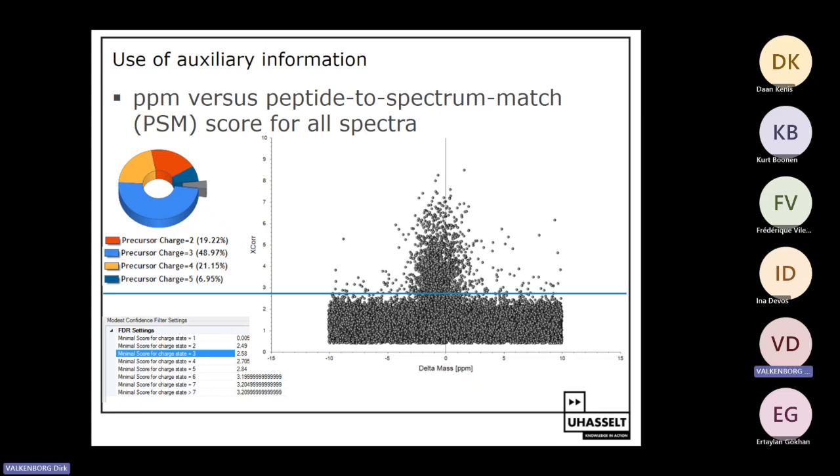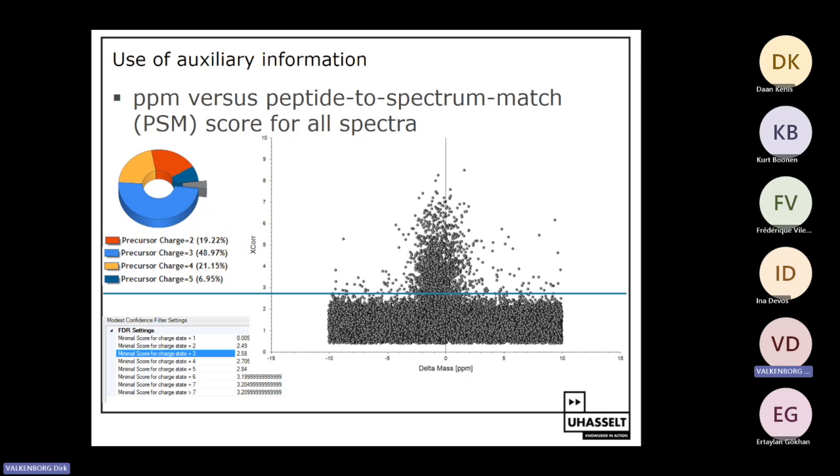But if we go more to 0 ppm, we see a spike up of scores. That means these peptide spectrum matches receive higher scores and therefore are more confident, and they are closer to the actual mass of the observed peptide. In fact, in this plot we can even see that there is a miscalibration.